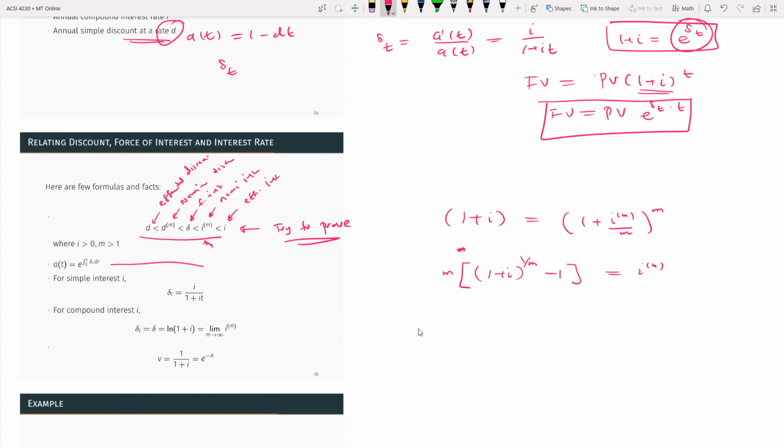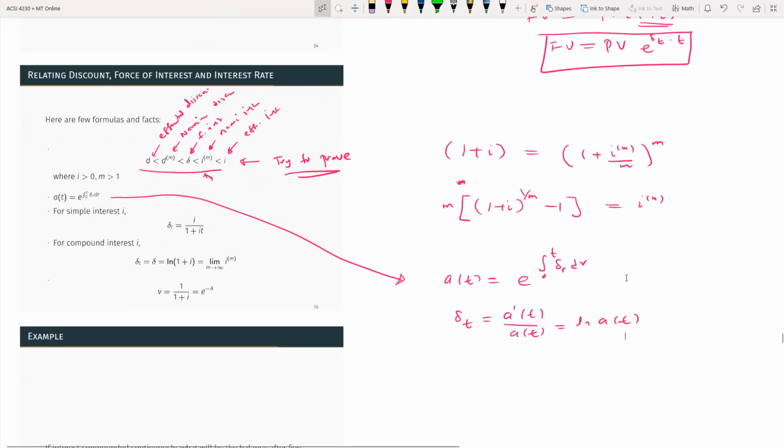So here you can see a formula which you can use to calculate the accumulation value. It's A(t) equals e to the power integral from 0 to t of delta r dr. This one is coming from that expression. Delta t is A'(t) over A(t), which is the derivative of log A(t). So you can see that right away.